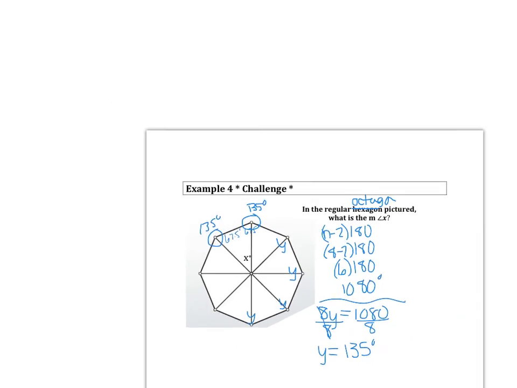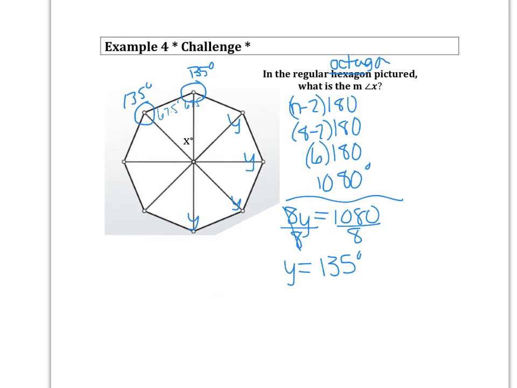So now I could set up an equation because I know that this is an individual triangle formed and I'm looking for x. I could set up an equation of 67.5 plus 67.5 plus x equals 180.